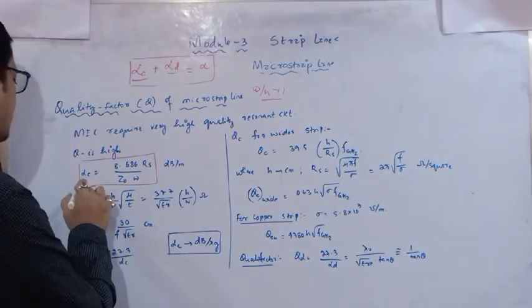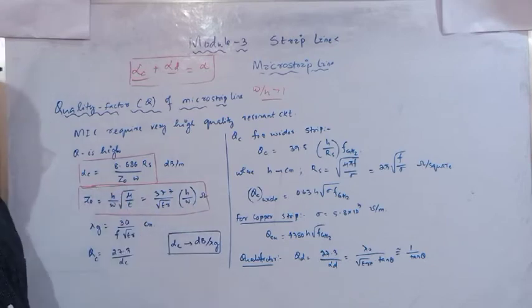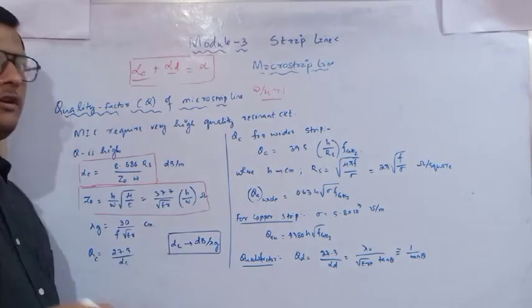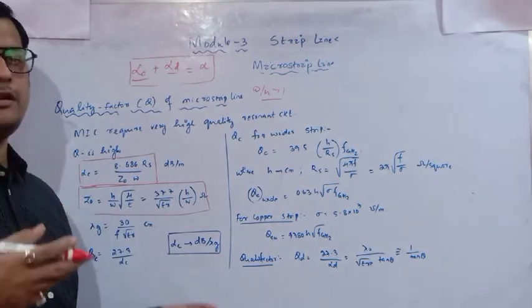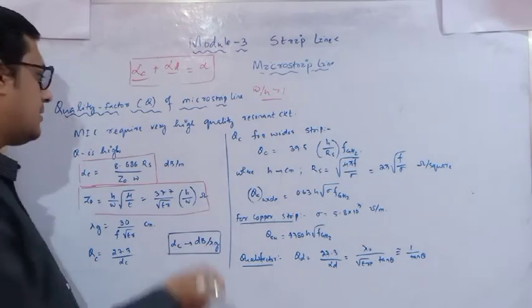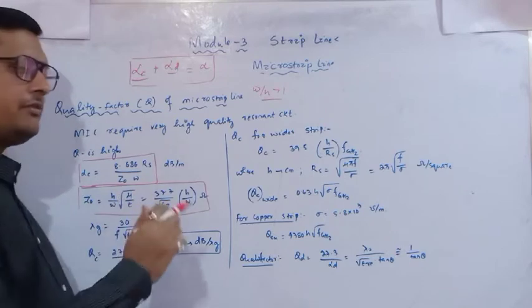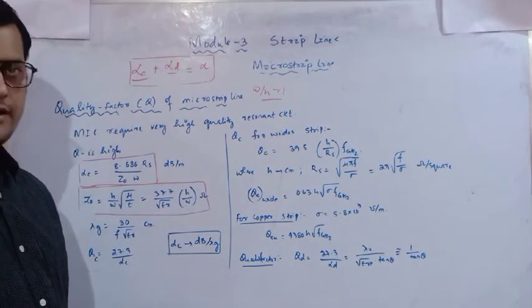And what is Z0? Z0 is equal to H by W root over of mu by epsilon, which you can write, with mu as mu naught into mu r divided by epsilon naught into epsilon r. Mu r is 1 for the air medium, so only the epsilon r value will be there, and root over of mu naught by epsilon naught is called 377, or you can write 120 pi.